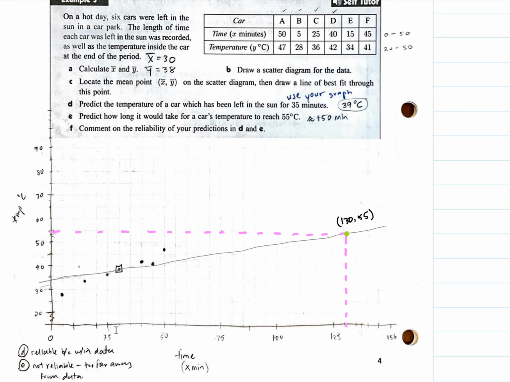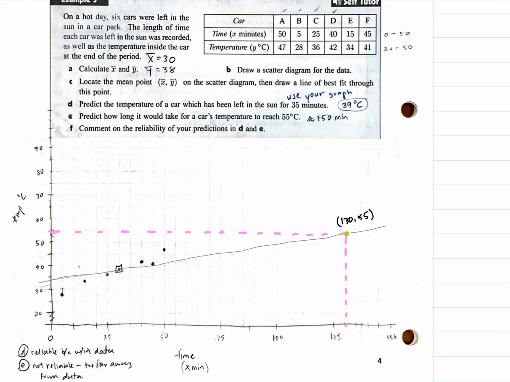After I did that, I took a straight edge, although not very straight. It should have been a straight edge. And I put it on my mean point, and I angled my straight edge up and down until it sort of looks like it splits the data. So I have about 3 below the data, about 3 above the data.